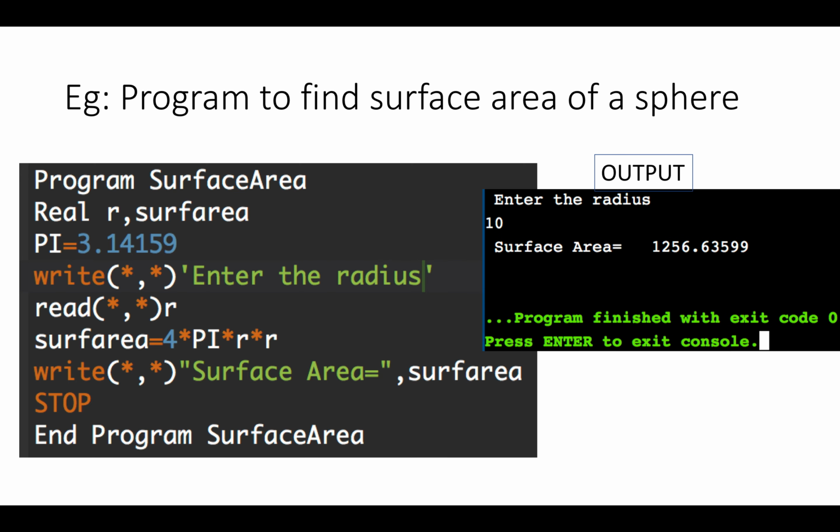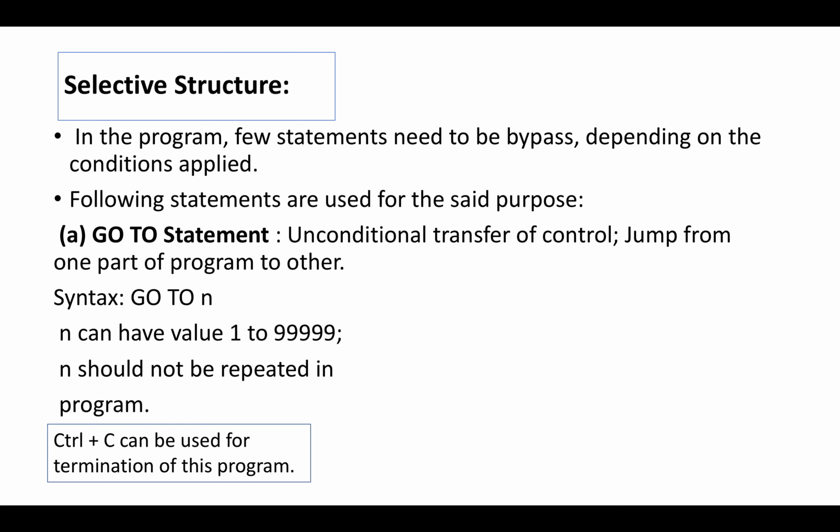If you execute this program, it will ask the user to enter the radius. I have entered it as 10. It will print the surface area as this much, and finally the program is terminated. So this is the way of a sequential structure in a program.